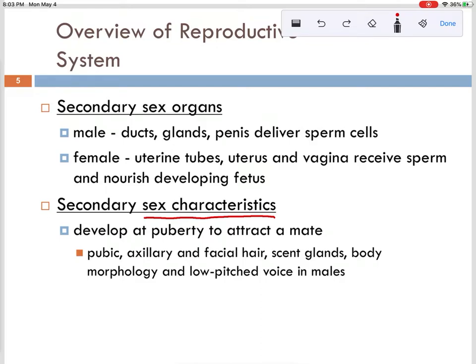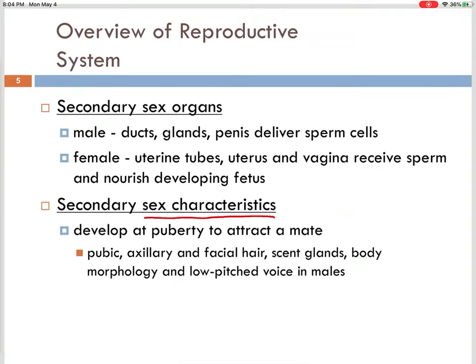There's also a term called sex characteristics. Because of the sex hormones, biological males have much more testosterone and biological females have much more estrogen. These sex hormones produce secondary sex characteristics that only occur at and after puberty. For females, this would include fat deposition in the hip region.